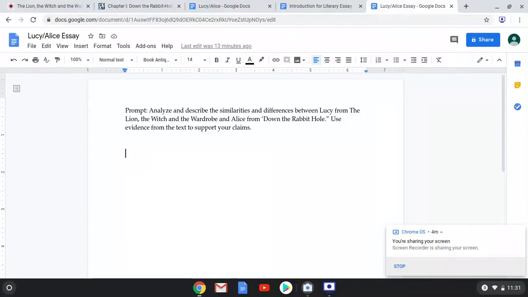Okay, so what's my essay going to be about? It's going to be showing that there are similarities and differences between these two. So I want to maybe change the language up a little bit. So I'm going to say, this essay will look at ways Lucy and Alice are alike and how they are different from one another.